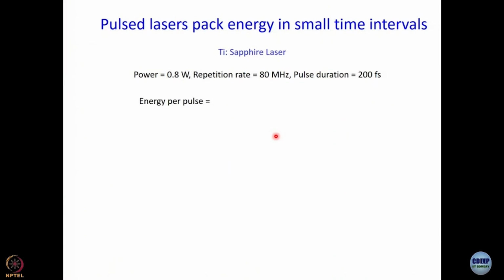Can you calculate the energy per pulse? Power is given, 0.8 watt. What is the meaning of 1 watt? Joule per second. So, all I am asking is, you have 0.8 joules per second and how many pulses per second? 80 into 10 to the power 6 pulses per second, very simple arithmetic.